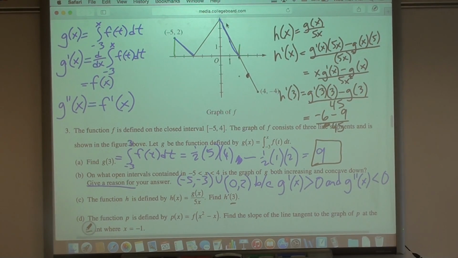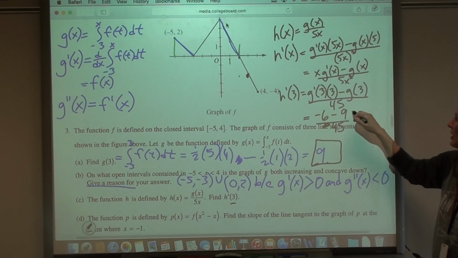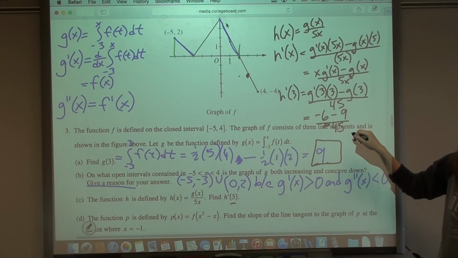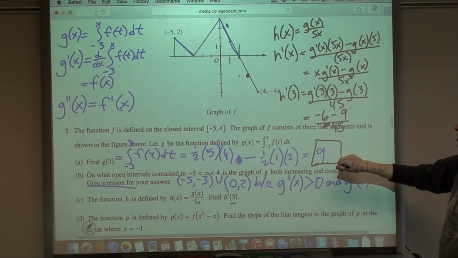If you get the first part wrong, but you take the wrong numeric answer and use it here, do they grade based on your first part? Yes, you still get full credit. They will not double jeopardy, as long as it's just a numeric transfer.